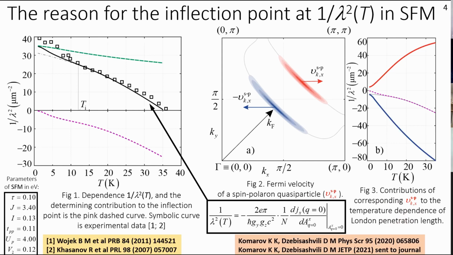Correct. So they move in opposite directions. Of course, you cannot tell whether they are spin up or spin down, because both situations are symmetric. But electrons in Cooper pairs move in opposite directions, right?